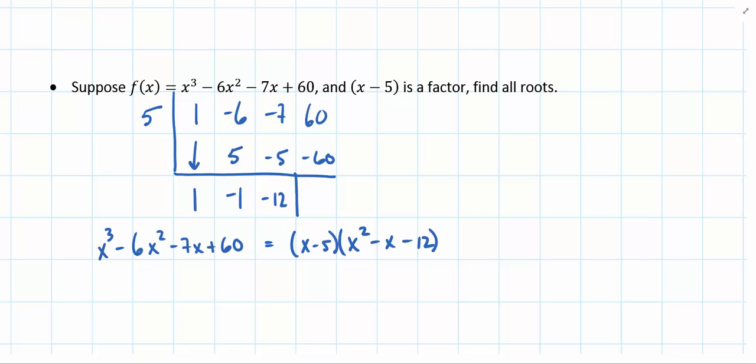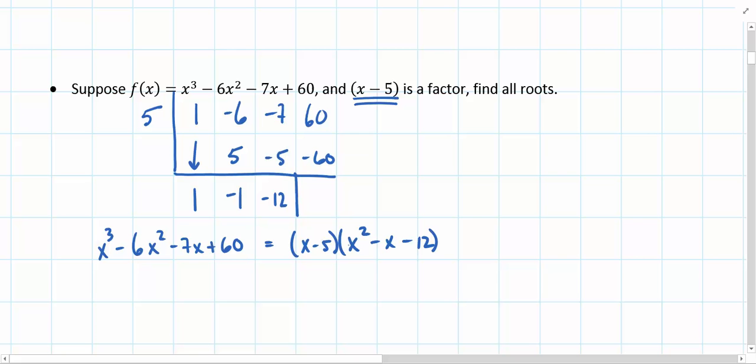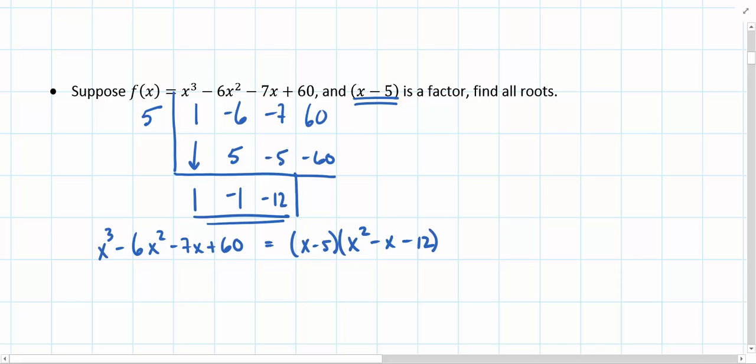So with our synthetic division, we've shown our original polynomial to be equal to the product of our known factor and the result after the synthetic division. These two pieces go together here.